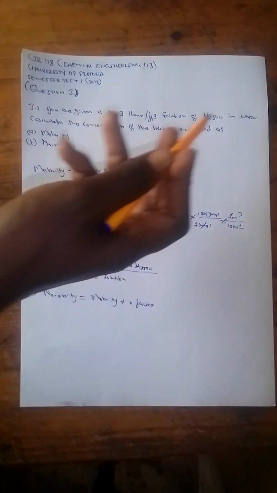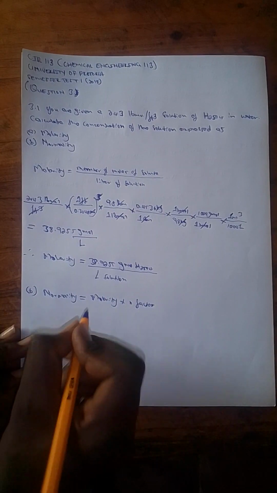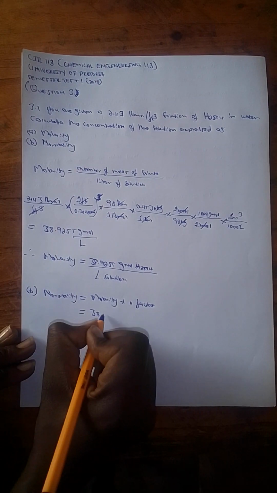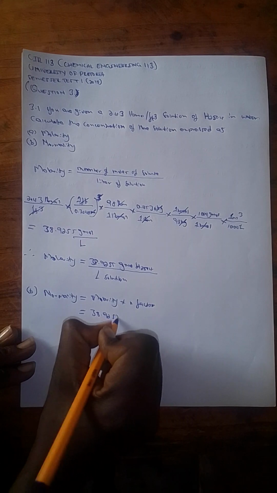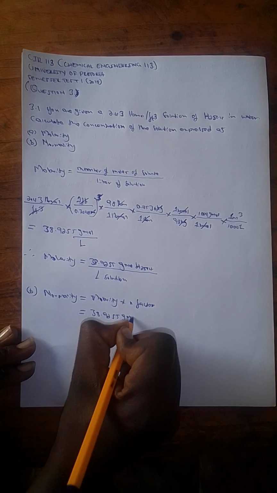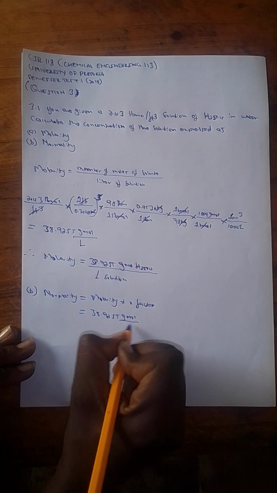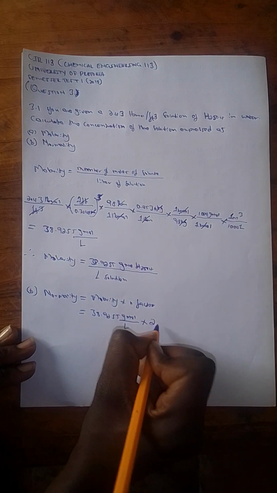In this case, we have our H2SO4, which has 2 hydrogens. That would mean our normality is simply 38.9255 gram mole per liter multiplied by 2.